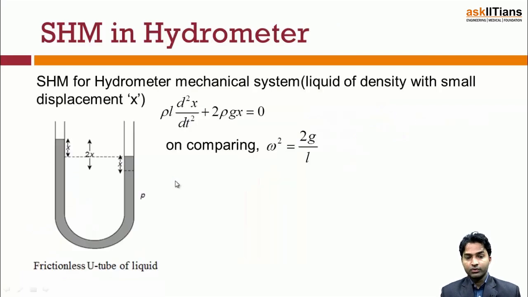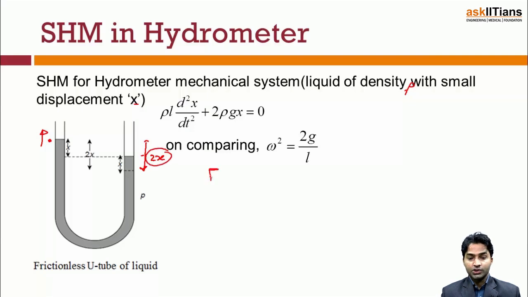Now we would like to discuss SHM in hydrometry. In case of this SHM of hydrometry mechanical system, liquid of density rho with small displacement x. So when it gets small fluctuations, it starts oscillating about the mean position. So net displacement occurred is equal to 2x.